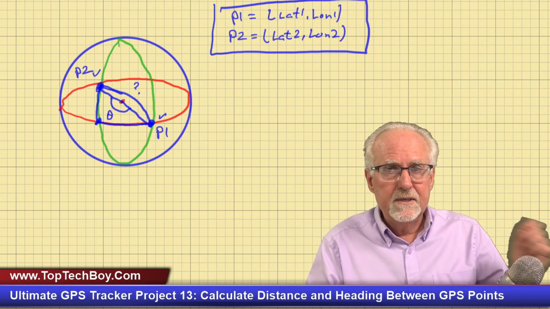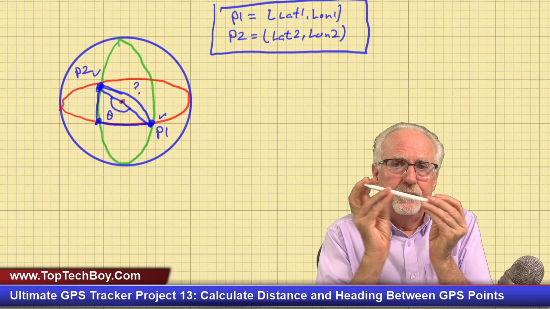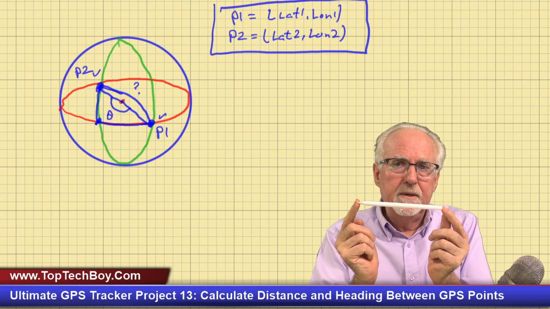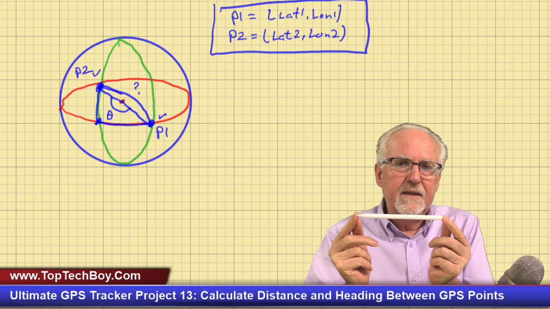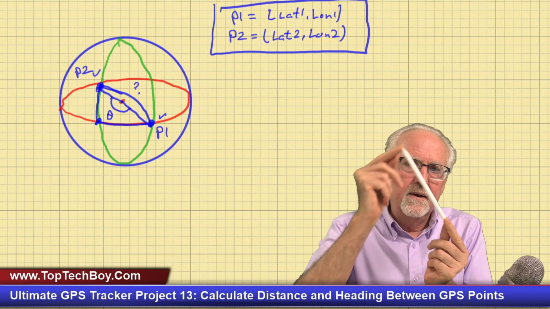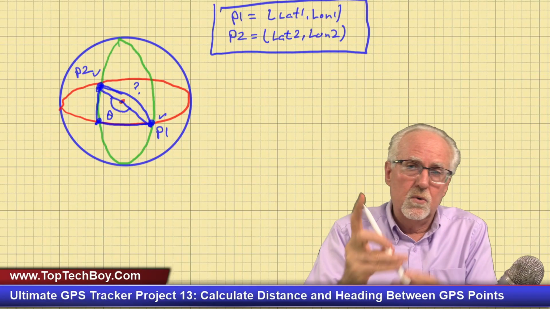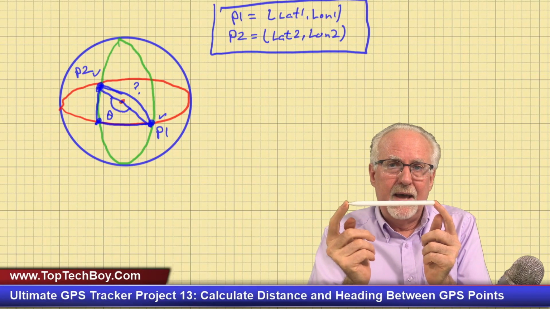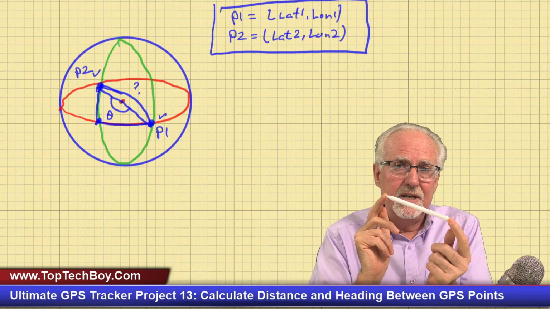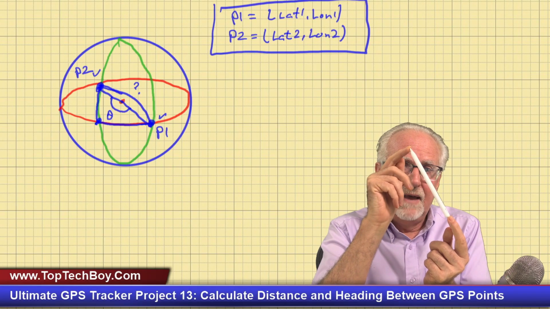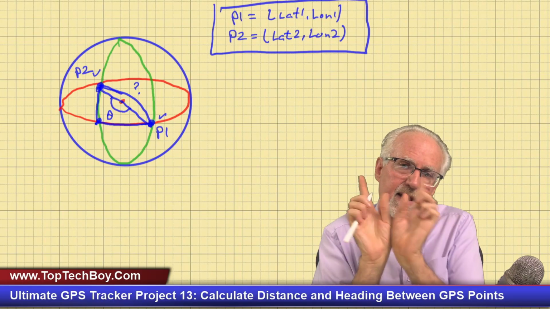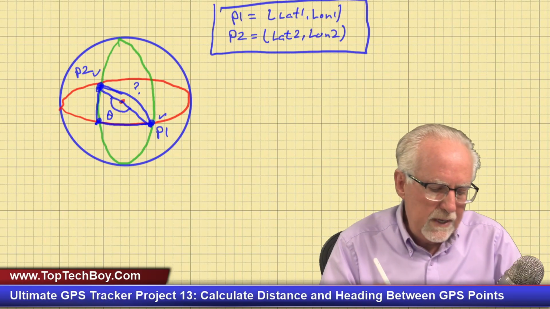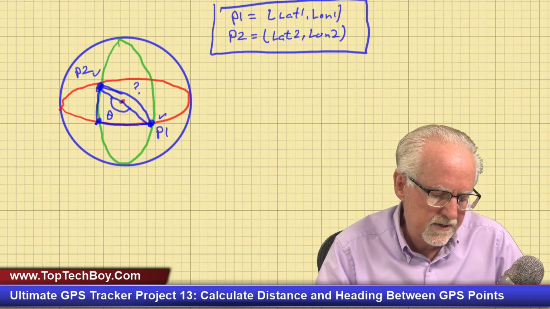Does that make sense? From the center of the earth to this point, and then I go over and go up, but I need to know the angle from here to here when I'm doing it directly, right? I have a change in longitude and a change in latitude, but if I go directly, I need that angle between those two points and the center of the earth.